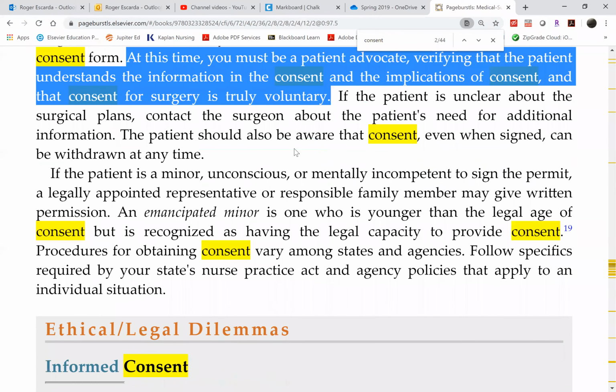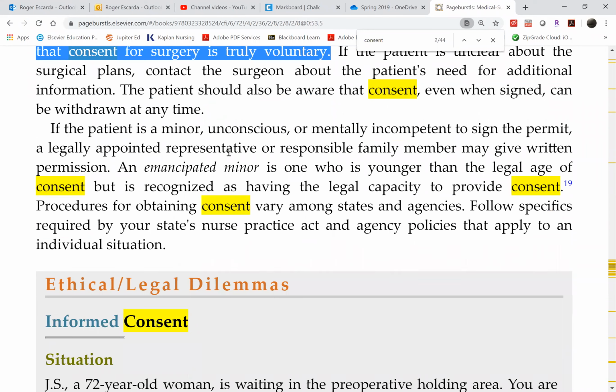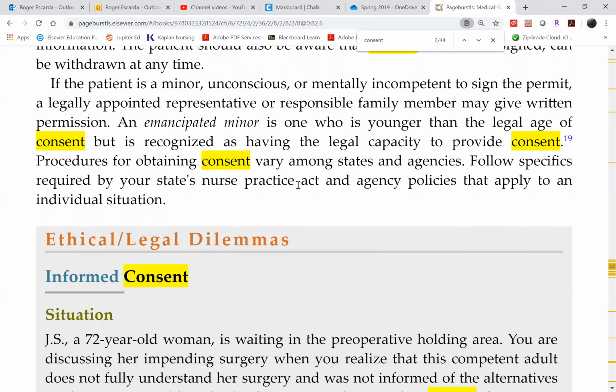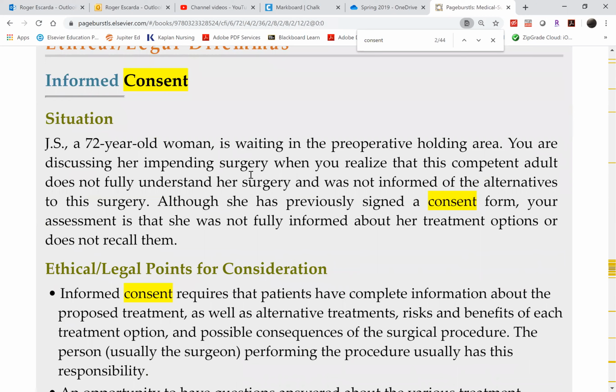There's also an item on the blueprint about exceptions, and what you do if we have a minor, for instance, or a mentally incompetent patient, or a blind patient, or in cases of emergency.